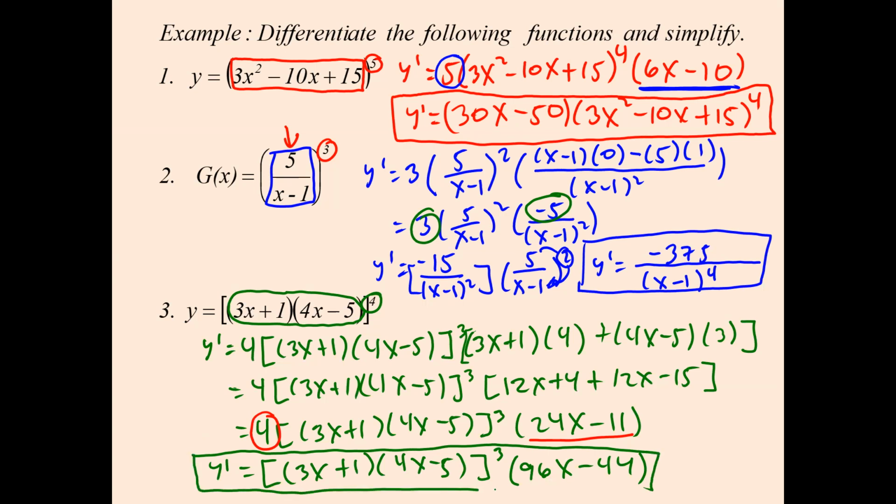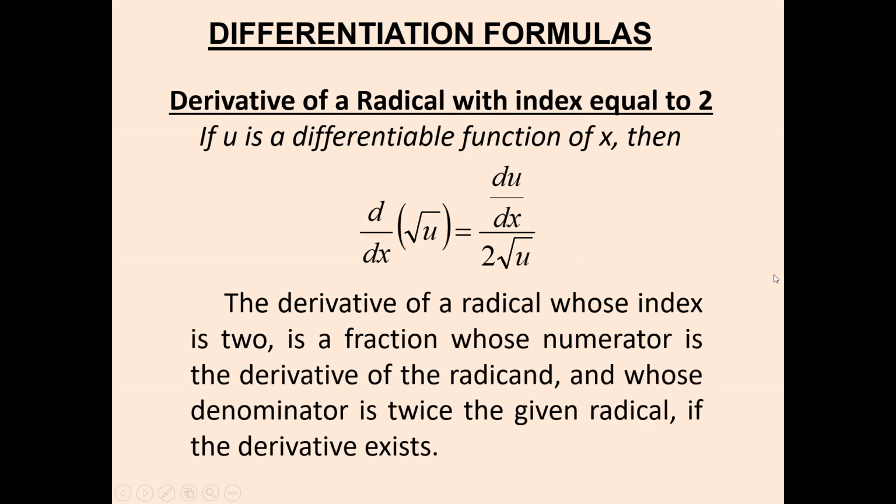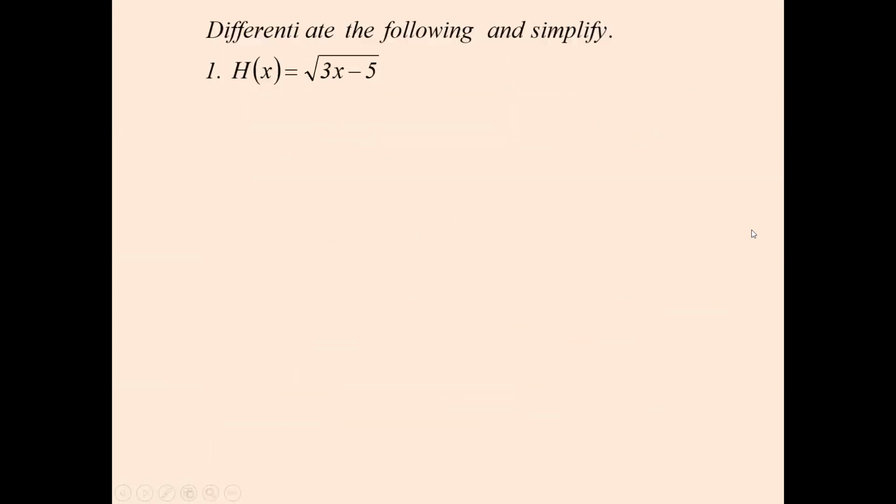Okay, so of course, don't forget yung mga other rule natin. Okay, so itong radical, parehas lang naman siya sa x raised to 1/2. So kapag tinranslate natin siya, itong radical, we have square root of x. Okay, so ganun lang siya. For example, yan, we have square root of 3x minus 5. So pwede nyo siyang i-translate into rational exponent.